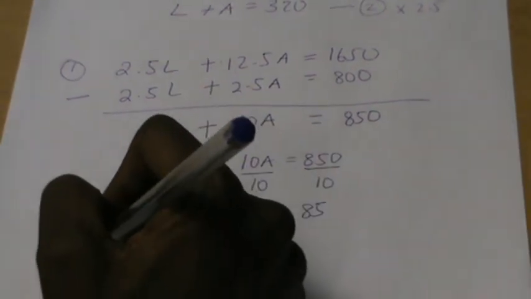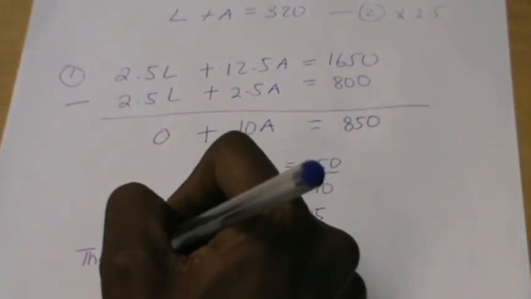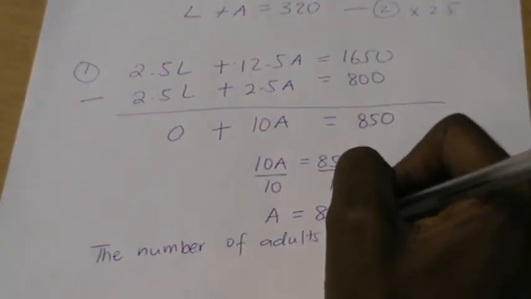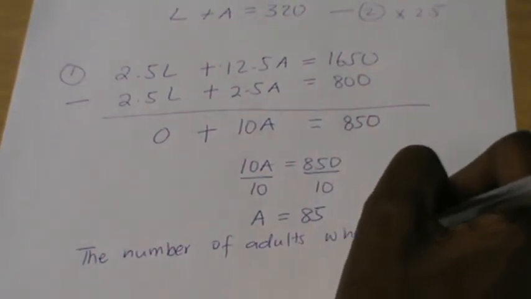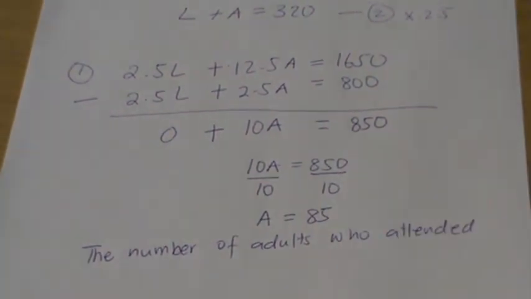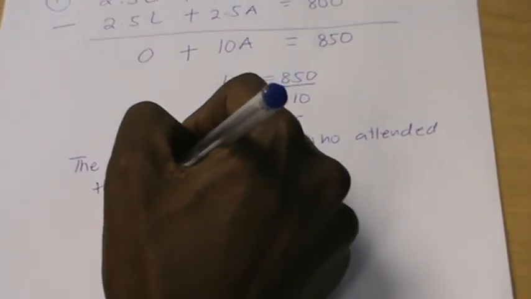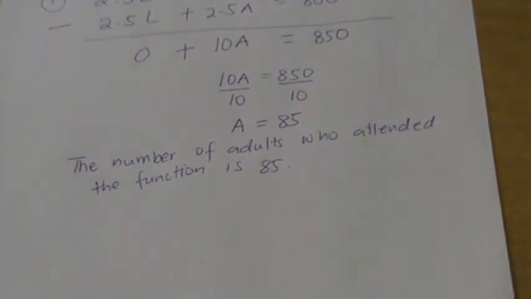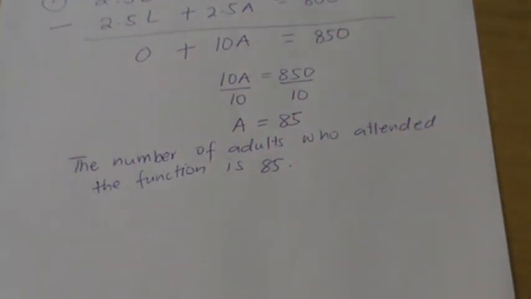You can say the number of adults who attended the function is 85. I'm sure you can think of shorter ways to write that. You can say 85 adults attended the function. I will understand that. Just like that, you're done with question 3.1.